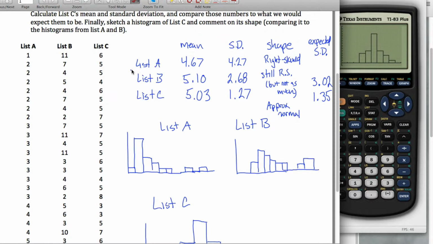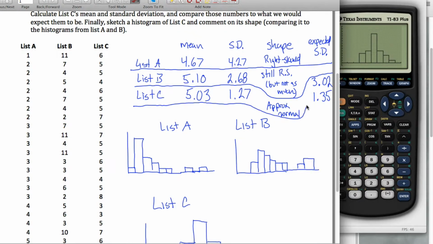Didn't quite keep these in line, so maybe this will make it better. Maybe it'll make it worse. Who knows? Wait a minute. This is all list B. This is still list B. And that's list B. And list C looks like that.